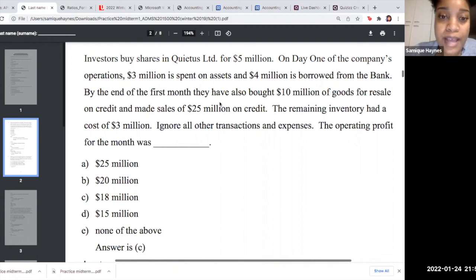So we're only looking at the end of the first month. They bought 10 million of goods for resale. We know that. So this is purchasing, and then the remaining inventory is the ending inventory. How do we find the cost of goods sold?